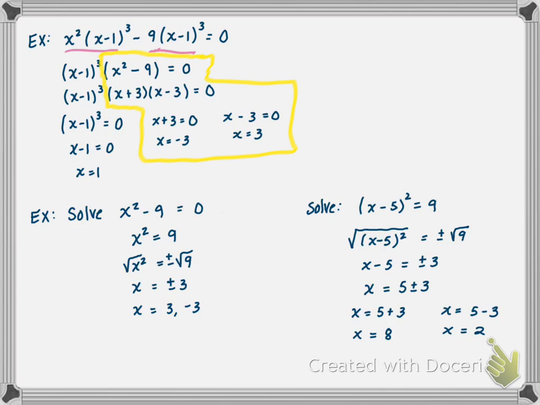And like I said, you can always use it if the left side is something raised to the second power with nothing else going on outside those parentheses, and then the right side is a constant.